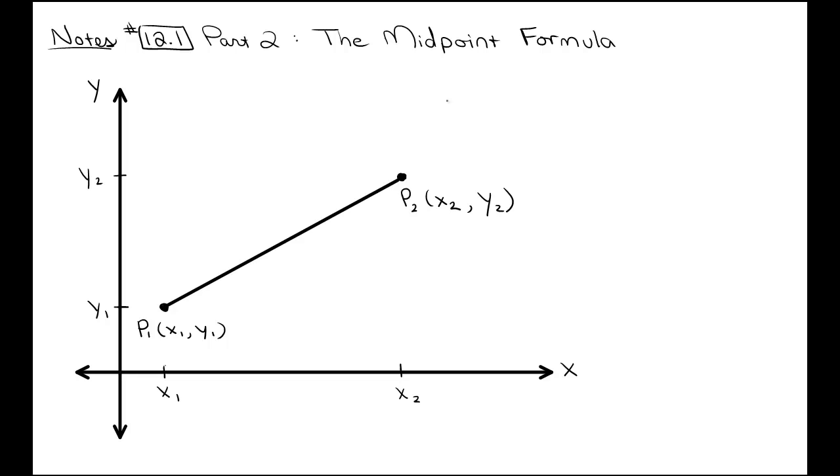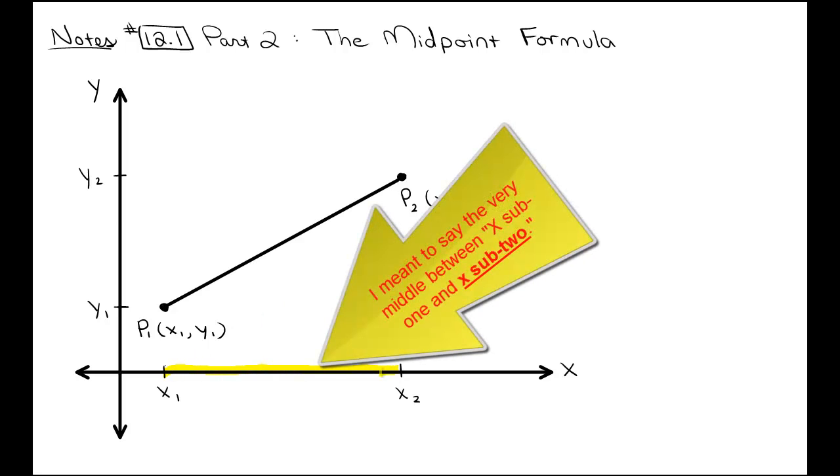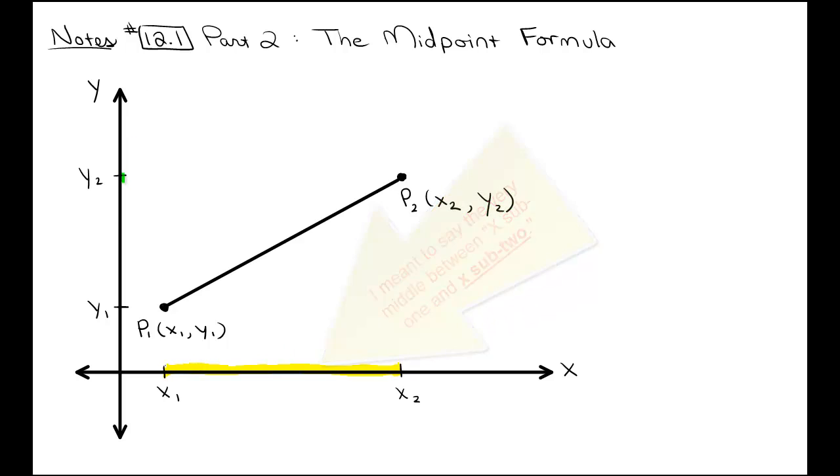So in order to find this midpoint, I'm going to basically have to find the very middle between X sub 1 and X sub 2, and the very middle between Y sub 2 and Y sub 1. And if I find the very middle, or in other words, the average, it's going to line up with the very middle of my line segment containing P sub 1 and P sub 2.